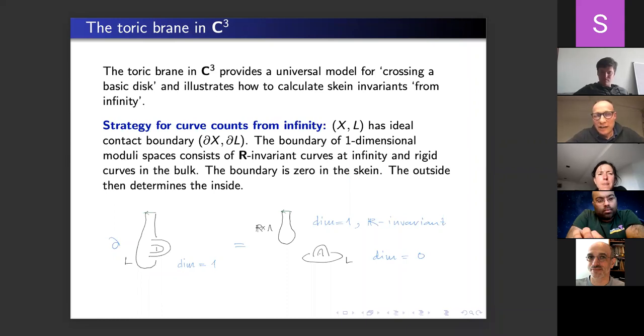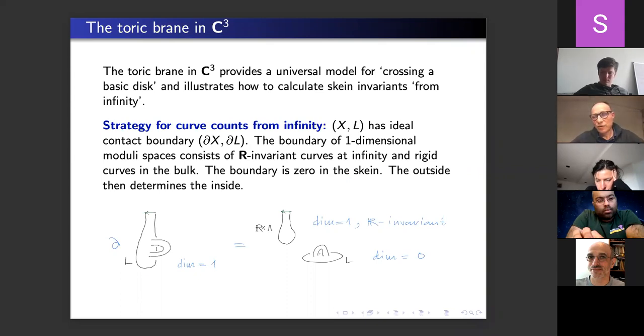There is another observation about this invariance of curve counts in the Skein: whenever you have a one-dimensional moduli space of holomorphic curves, you know its boundary has to be 0 in the Skein.